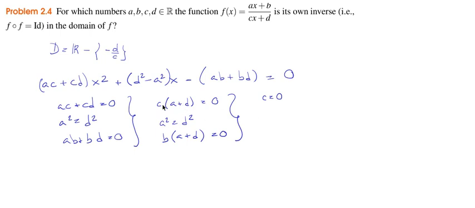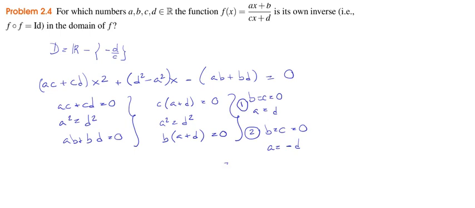So let's start by assuming a plus d is not 0. Then b has to be 0, and c equals 0. So b equals c equals 0, and then a is d, or b equals c equals 0, and then a is minus d, because a squared equals d squared gives these two possibilities.